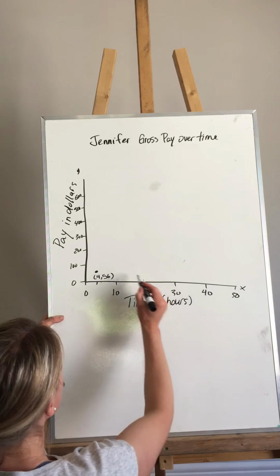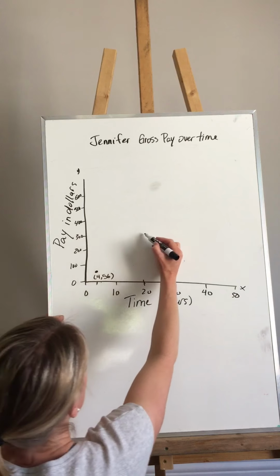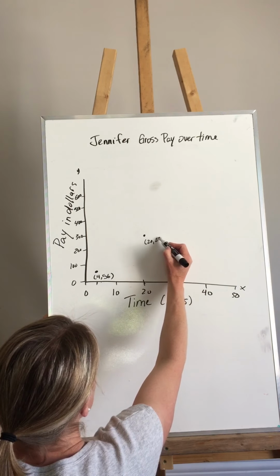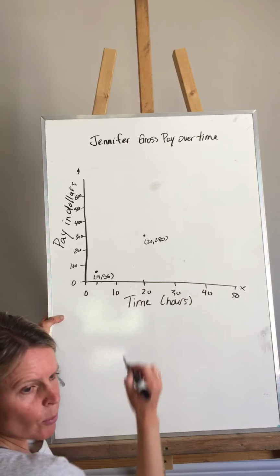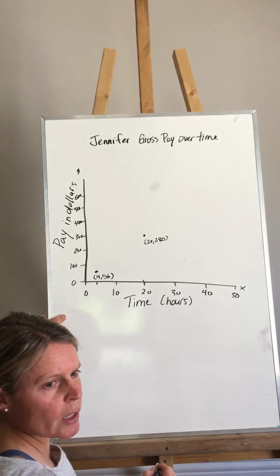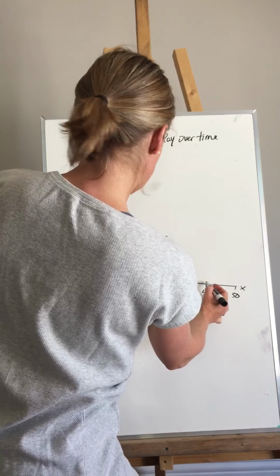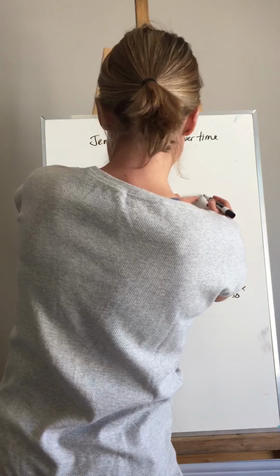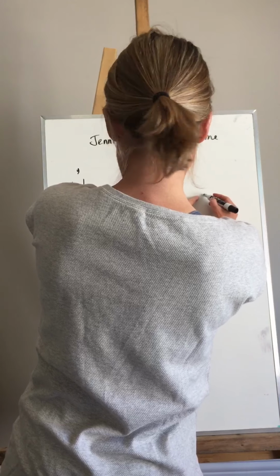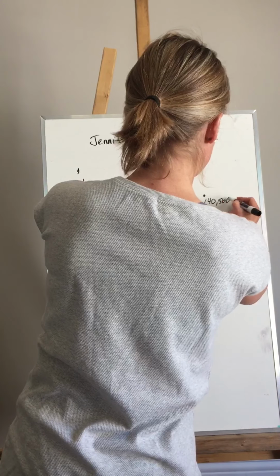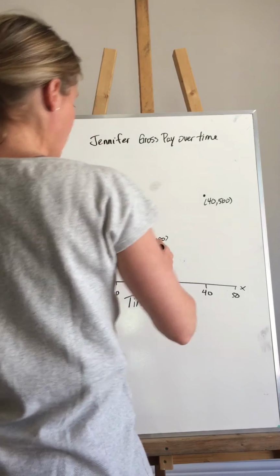So she works 20 hours, she gets 280 bucks. And I'll put one last point: 40 hours and $560. So that's going to be somewhere around there.